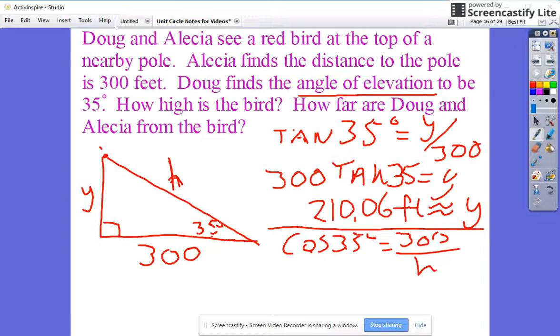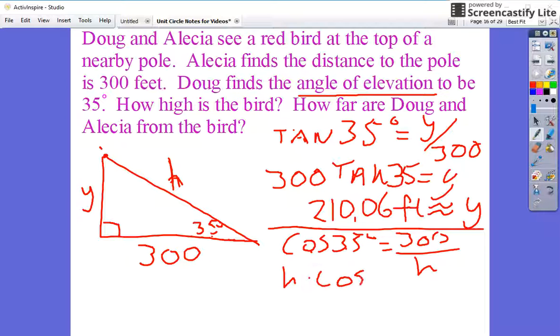Right? Now, I want to solve for h. So I'd multiply both sides by h. And I end up with h times cosine of 35 degrees equals 300. And then I'd divide by cosine of 35 degrees.